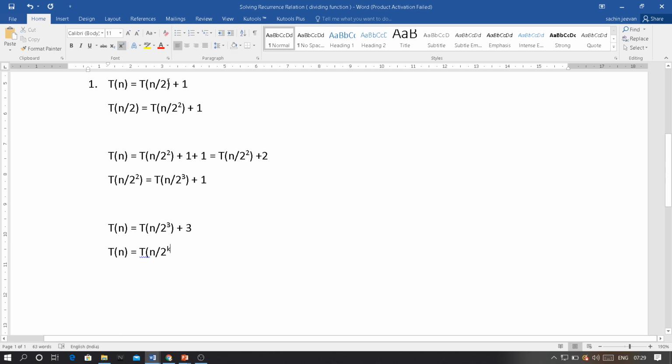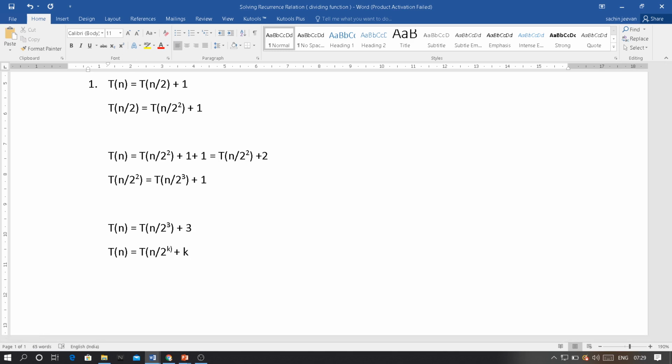If this is 2 power 1, this is 1. 2 power 2, this is 2. 2 power 3, this side is 3. So whatever this value is, the same value comes here also. If this is k, then the next term is also k. So T of n divided by 2 power k plus k.